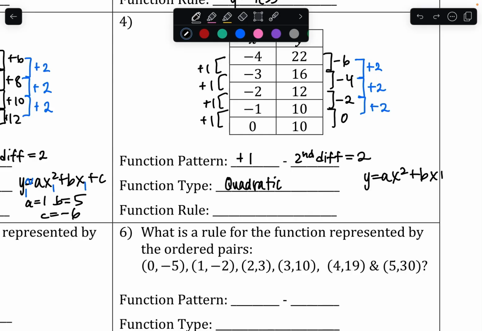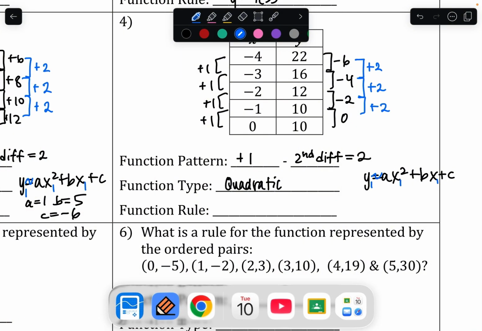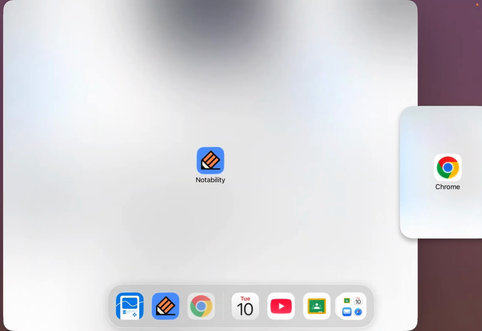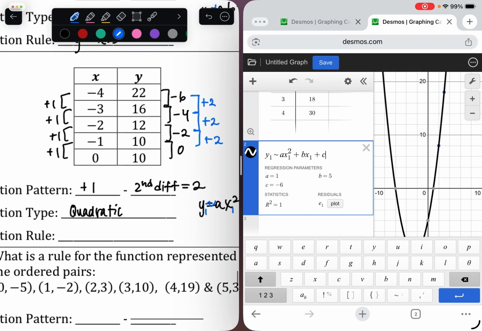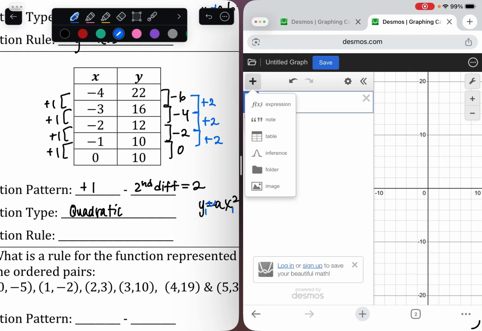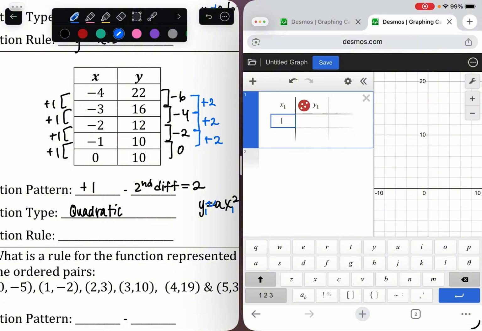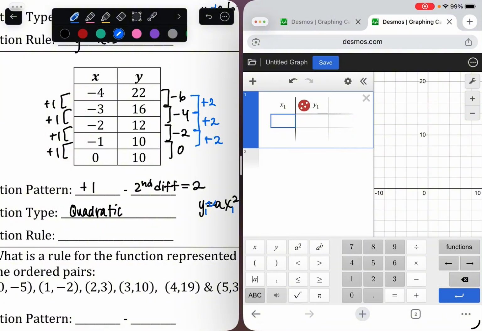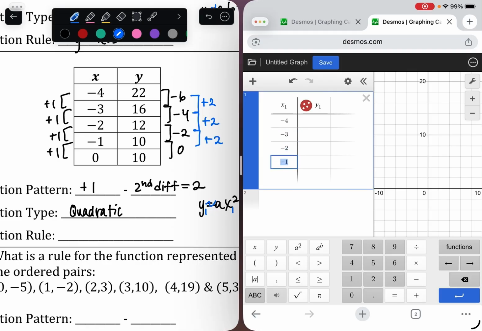And so when we're using Desmos, we know just to put ones with your y and x and change your equal sign to a tilde. Okay, and so clear everything, get a fresh table so that it says x1 and y1 at the top, and then -4, -3, -2, -1, 0, 22, 16, 12, 10, 10.